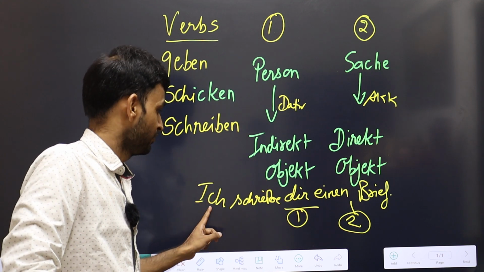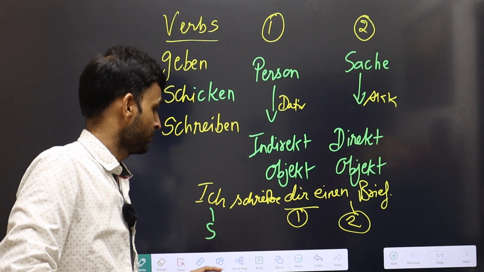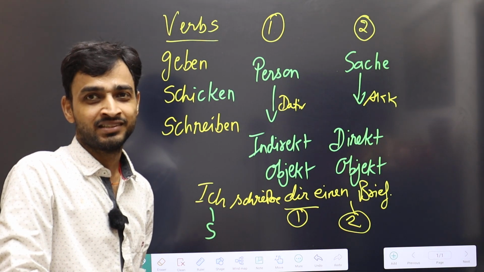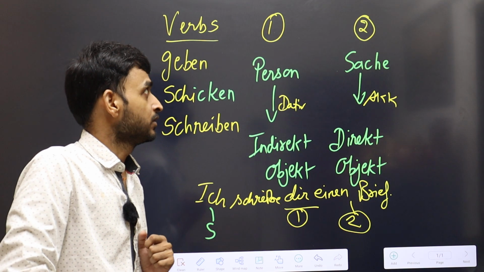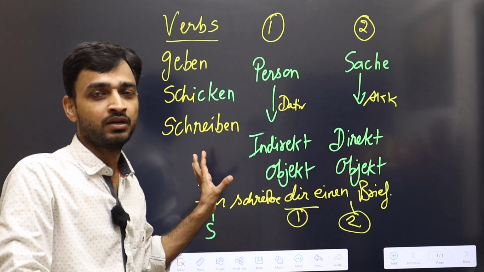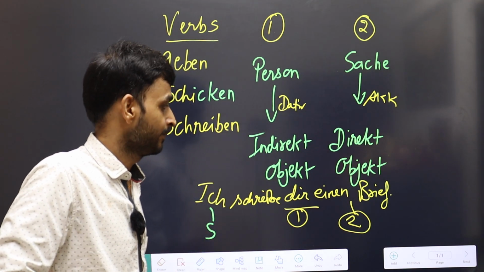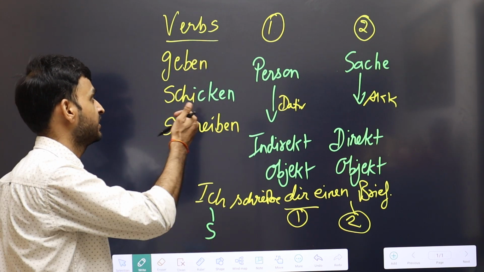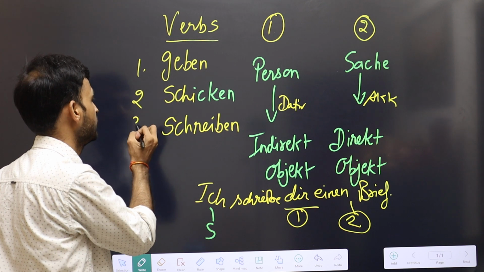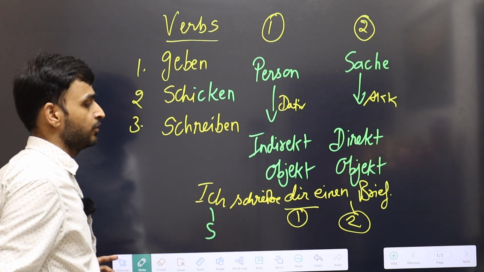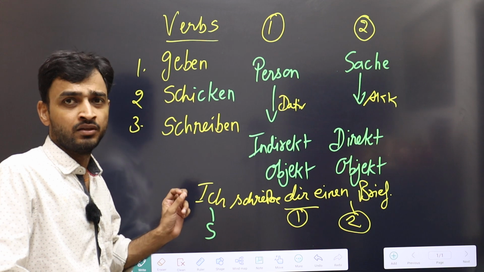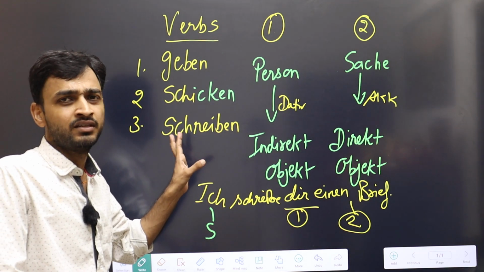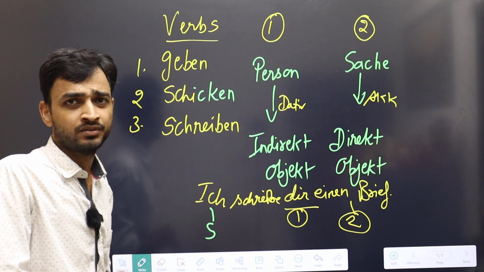So here this is my one subject, these are my two objects. You can note down, I will erase this. There are some other verbs in this category. I have just mentioned 3 verbs here. There are some other verbs, but the concept should be clear. If you understand the concept, you can easily learn and implement these verbs further.